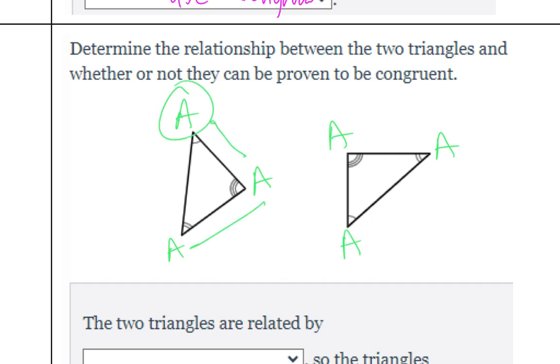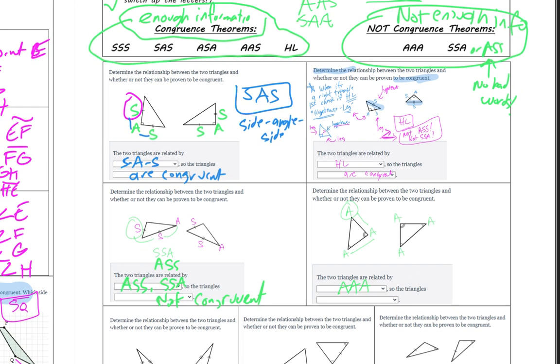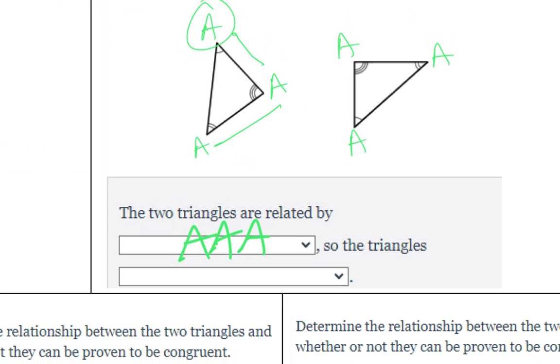So these are related by A. A is not enough. These may look like they are congruent, but it's not enough information because those are A.